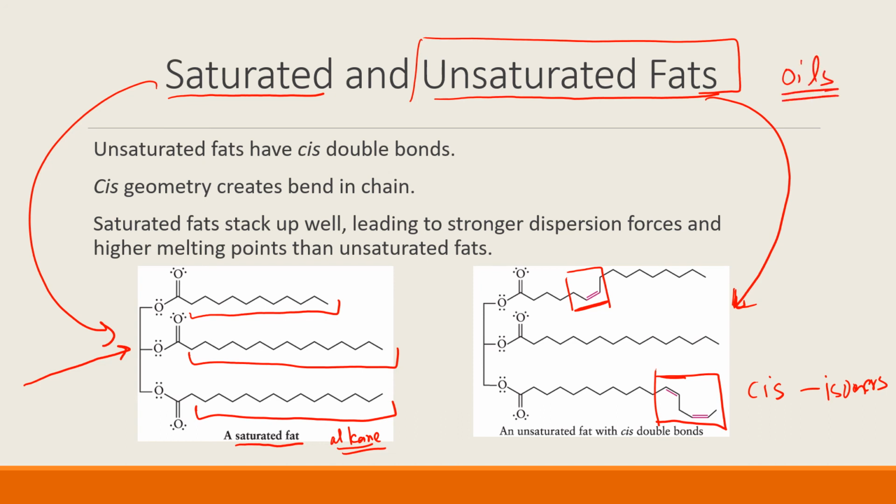They will have low melting and boiling points, so they will be present in liquid state, hence they are oils. No such bend is present in the saturated fat, so all the chains are kind of linear to each other, so they can be packed really closely. Hence saturated fats have strong intermolecular forces, so saturated fats will be solid at room temperature.